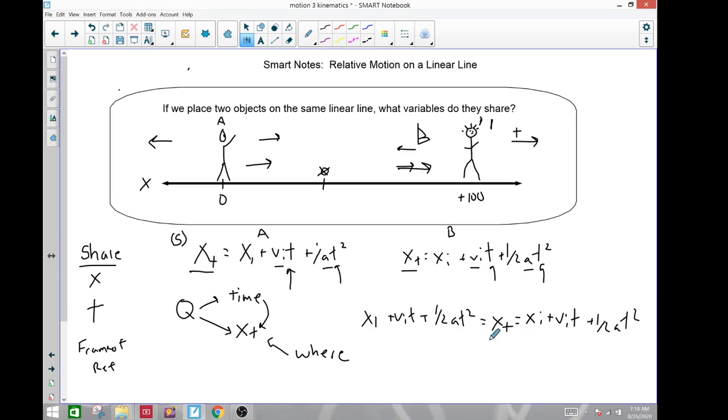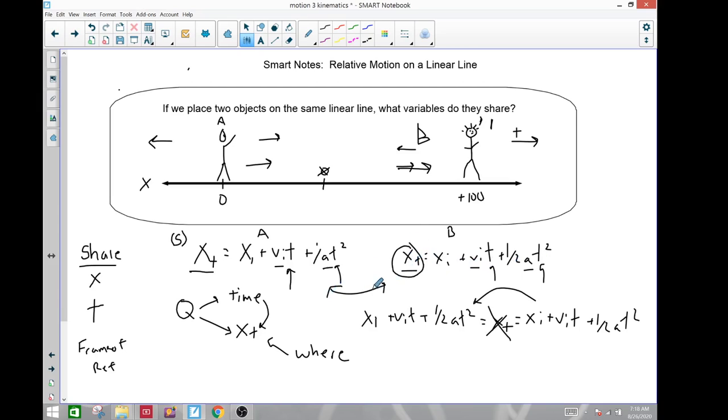The general theory here is that we set this equation equal to this one, and we solve for t. Then you can plug t into either of these two formulas, and you have everything you need to solve for xt.